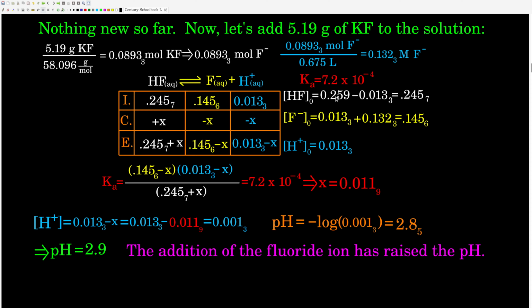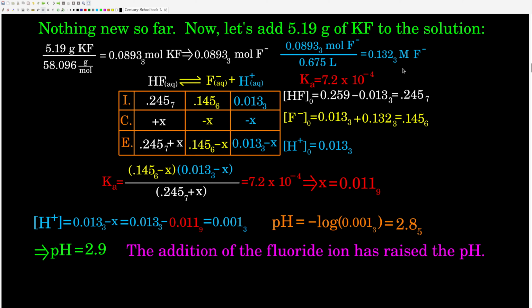So, if you remember at the end of our ICE table, we said that the concentration of hydrofluoric acid at equilibrium before we added the potassium fluoride was 0.259 minus x, and that's the x that we found, and so it's 0.2457 molar.